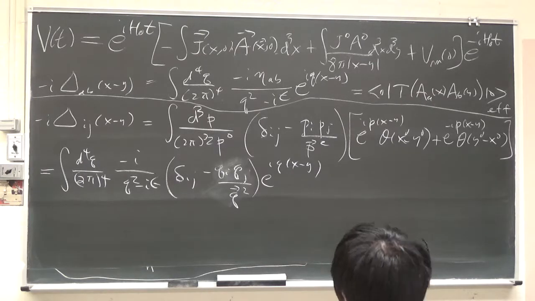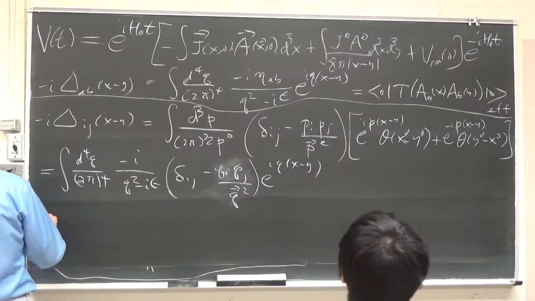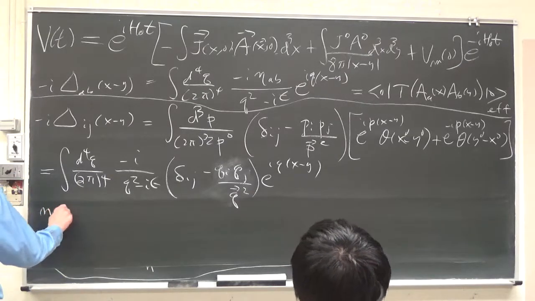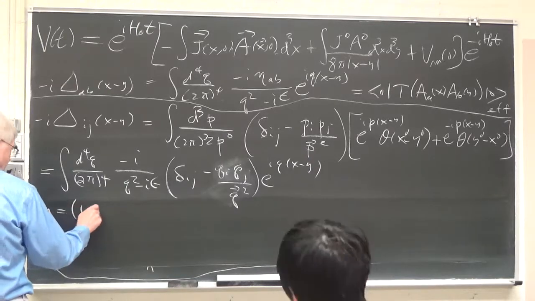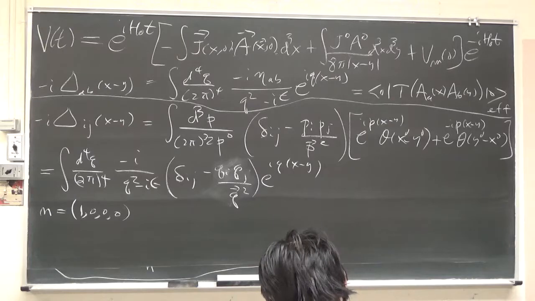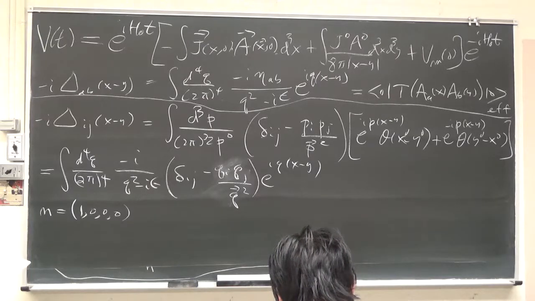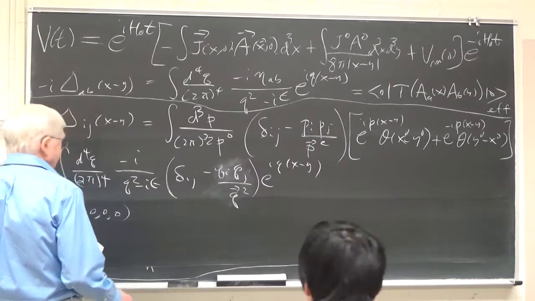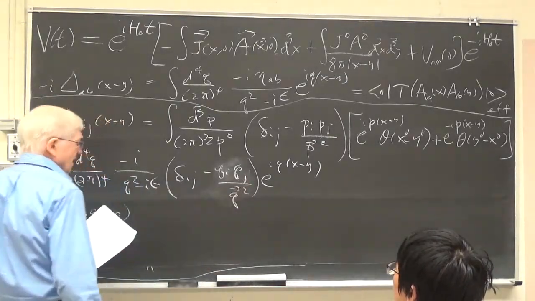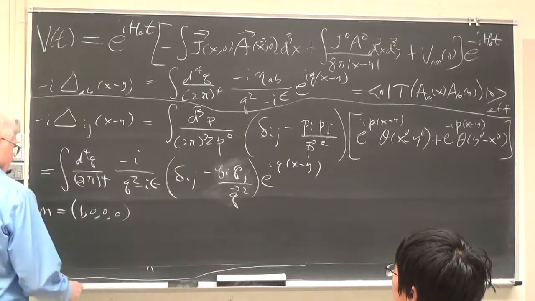All right, now we're going to massage this. What we're going to do is we're going to introduce a 4-vector n whose components are simply 1, 0, 0, 0. So it just has a time component. And then we're going to do something really weird. We're going to write this in a funny way.